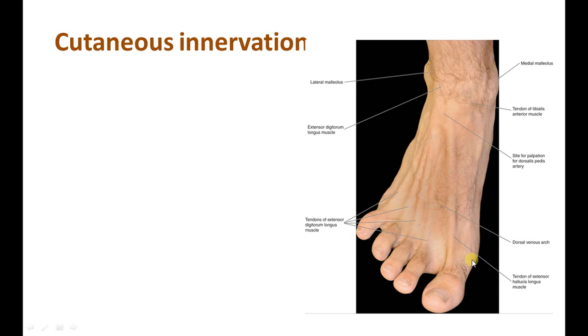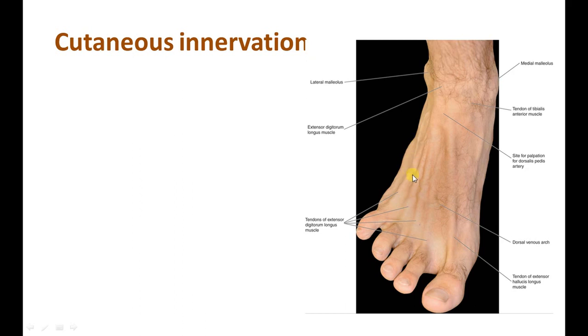Here is a picture of the dorsum of the foot, and we will try to appreciate some of the structures on the surface anatomy. The skin is hairy, and below the skin you are able to see the tendons, followed by the dorsal venous arch, which lies along the base of the metatarsals.